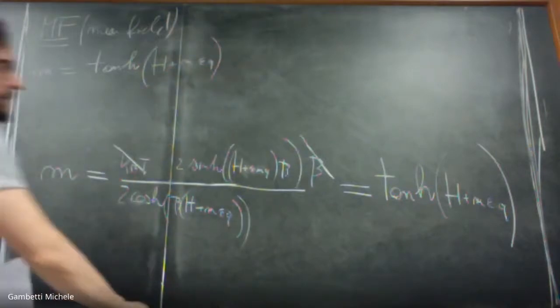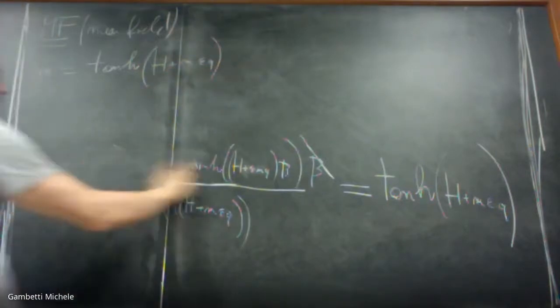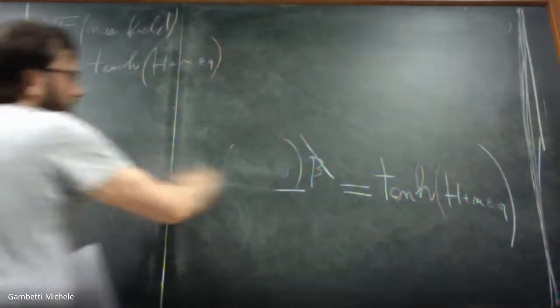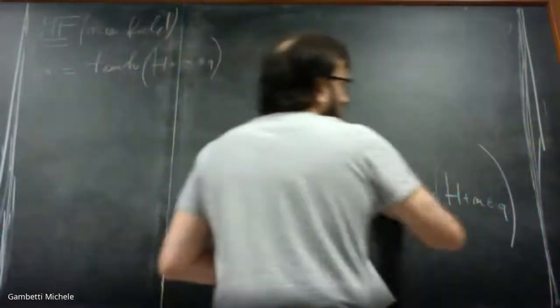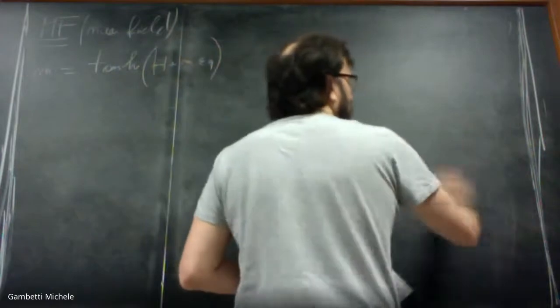Now you see that this equation contains, and this is typical of mean field approximation, a nonlinear equation in the magnetization in this case, but in general in what is called the order parameter that we will define in a moment.